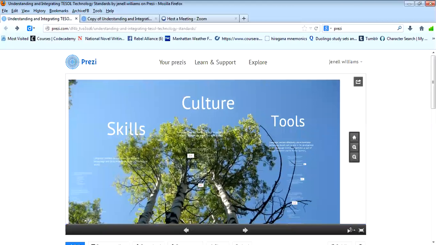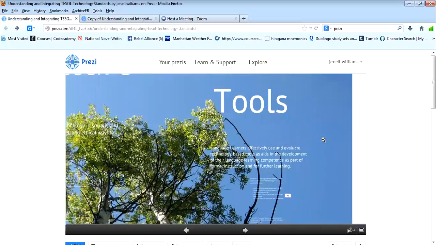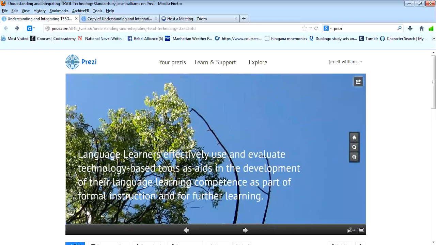They're very interesting ones. The tools standards are related to how you use tools to achieve specific goals. You know, not the how to use, but the choice of using particular tools for particular goals and how to use them. And so tools is the one I'm working with. It says here, language learners effectively use and evaluate technology-based tools.